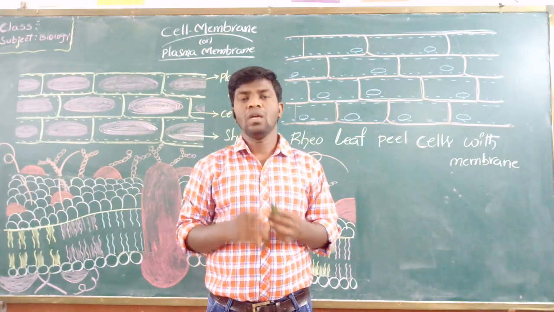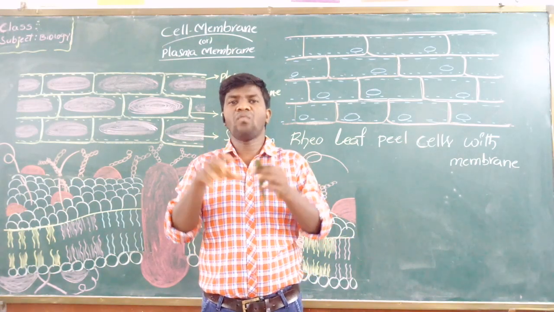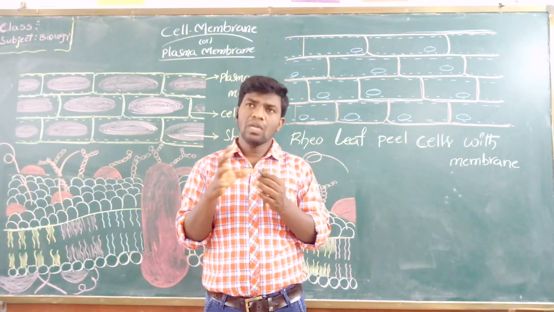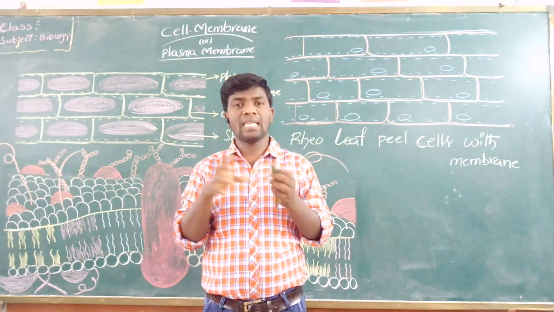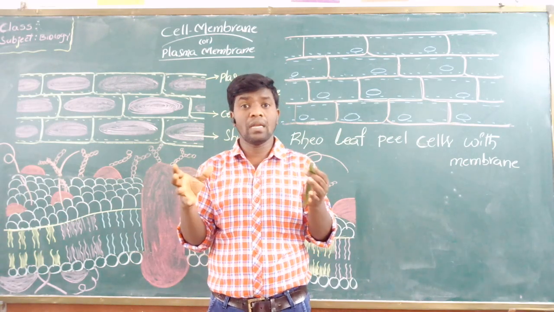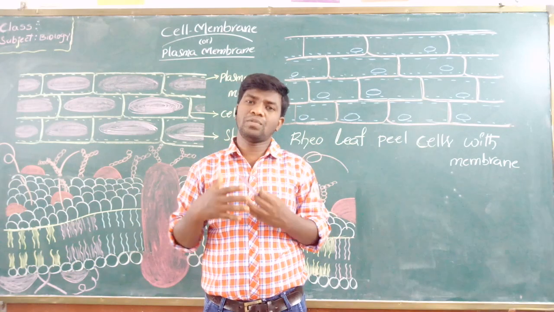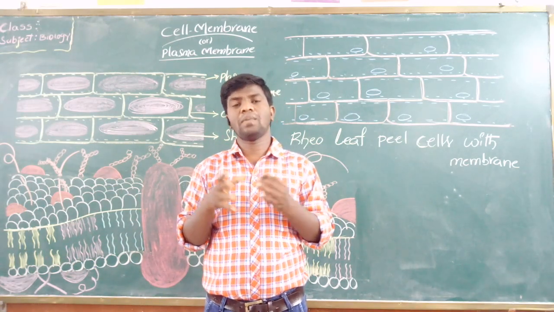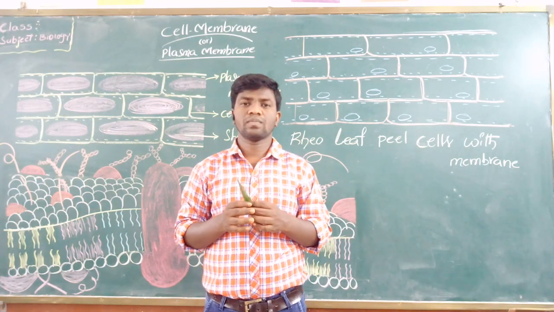This results in the shrinking of the cytoplasm along with the cell membrane. The outer boundary of the colored area is actually the cell membrane, or plasma membrane, which becomes separated from the cell wall. However, we can observe the structure of the cell membrane only through an electron microscope.